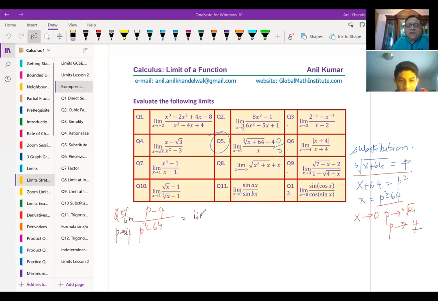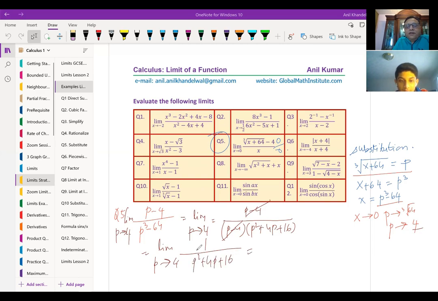But now we have a difference of cubes in the denominator, which can be factored, correct? Yes, sir. So it'll be p minus 4 times p squared plus 4p plus 4 squared, which is 16. And they cancel. Therefore, we have the limit as p approaches 4 of 1 over p squared plus 4p plus 16. Substituting p as 4, what do we get? We get 16 plus 16 plus 16, right? Yes, sir. 1 over 48, and that is the answer.